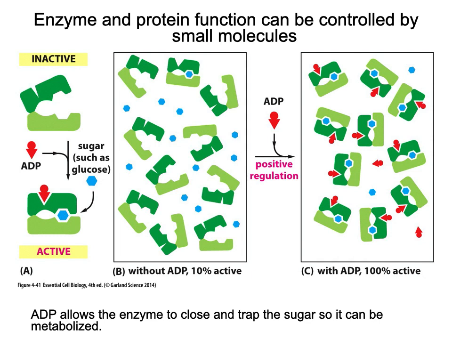If the cell has converted the sugar, the glucose, into energy, into ATP, we're going to have high amounts of ATP present. We're not going to have a lot of ADP present, right? That's similar to what we're seeing in panel B. There's not a lot of ADP there, and so the enzyme's not really able to bind the substrate, the sugar. It's not able to lock that in to catalyze the reaction.